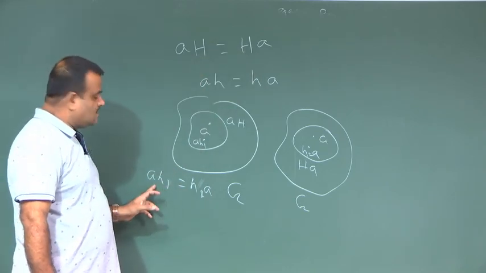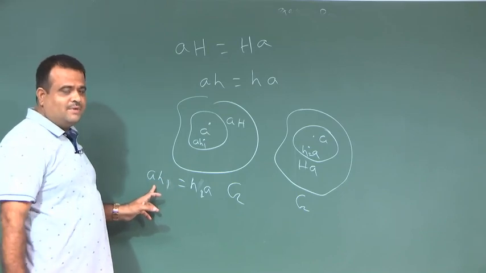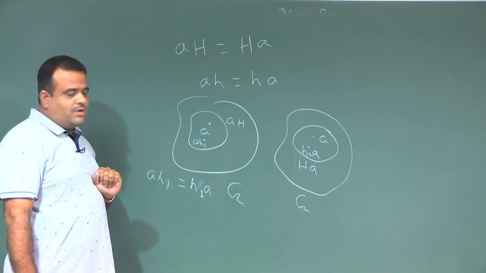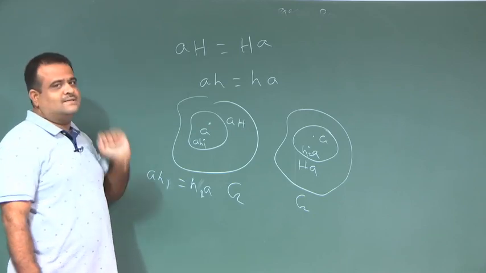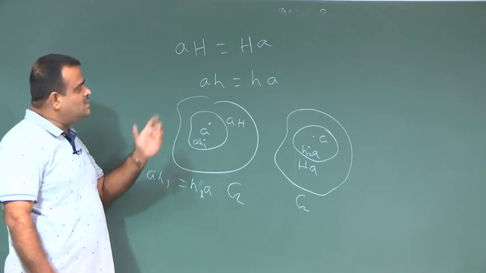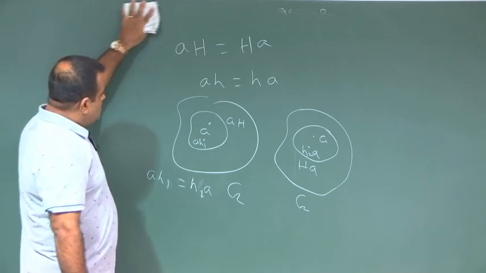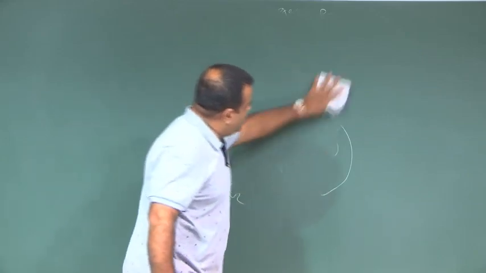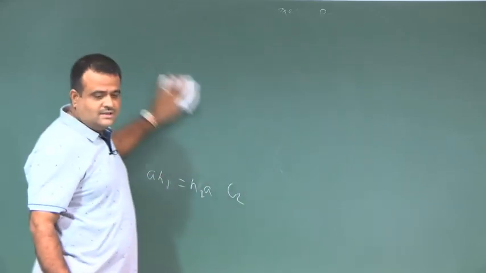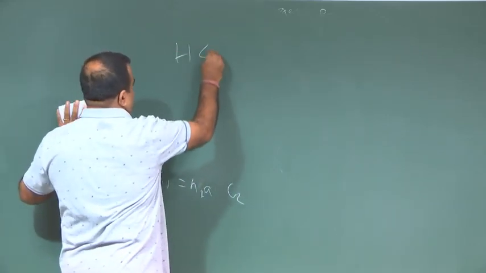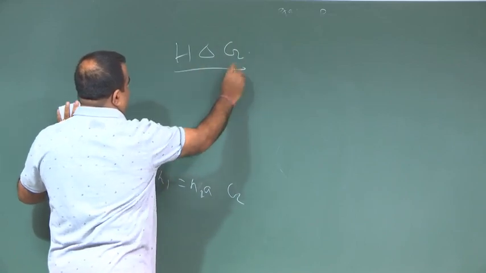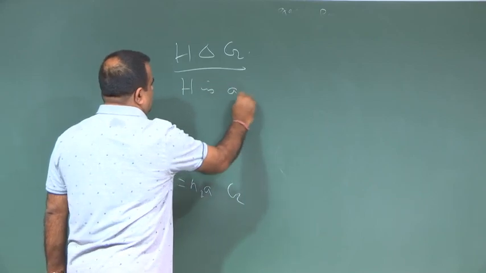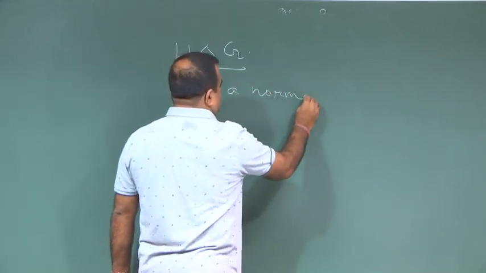It is not that the same h will satisfy this, no, it is not that. We have to show these two sets are the same. If a group H is a normal subgroup, then we denote it by this symbol. H is a normal subgroup of G.